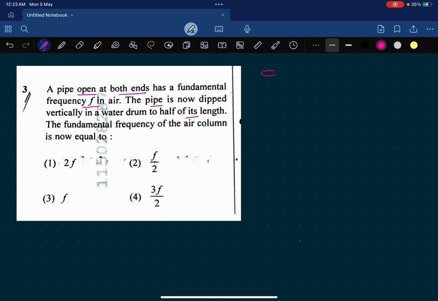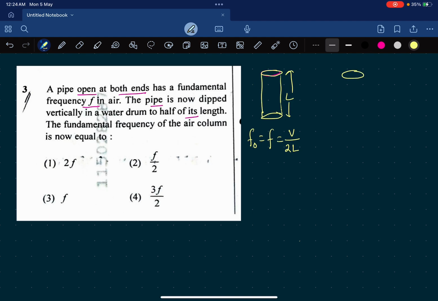Well, according to the first condition, this is the open organ pipe. Let's say its length is equal to L. What is the fundamental frequency of open organ pipe? If we can remember, it is equal to speed of sound divided by 2 times the length.